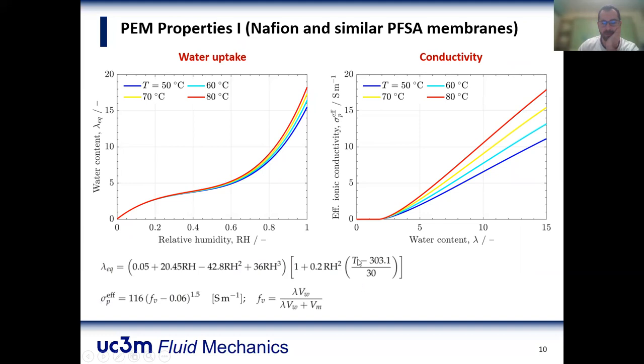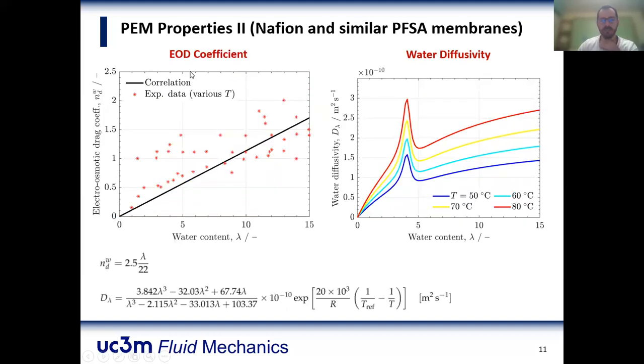Then the effective ionic conductivity is a function of lambda, the water content per sulfonic acid group, and the temperature. These correlations are quite common in the literature.